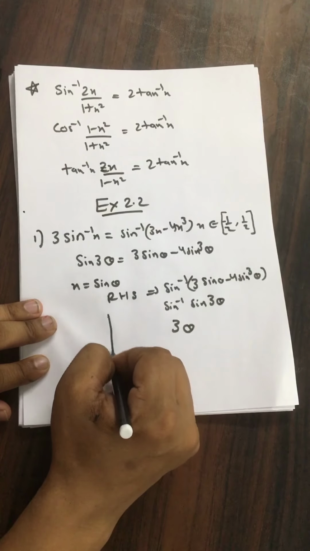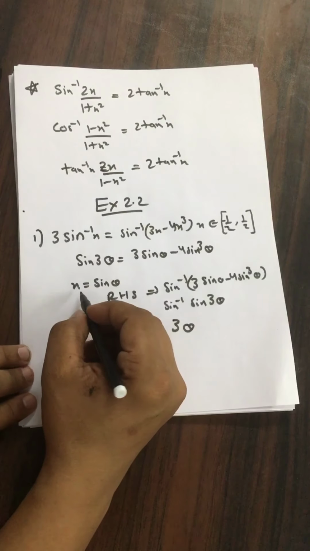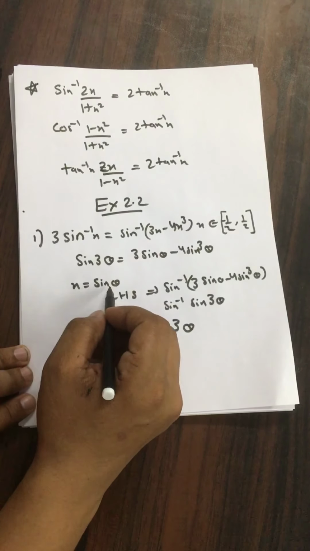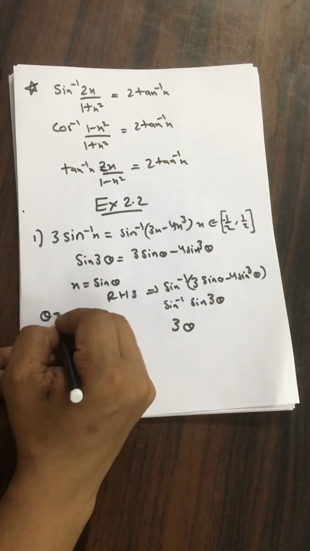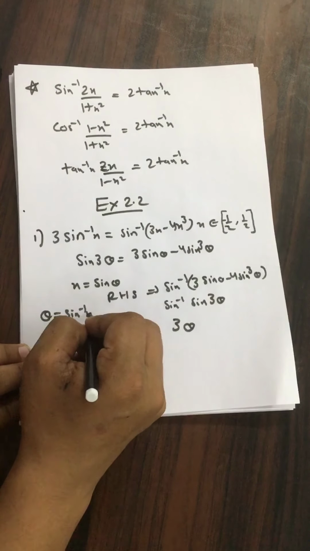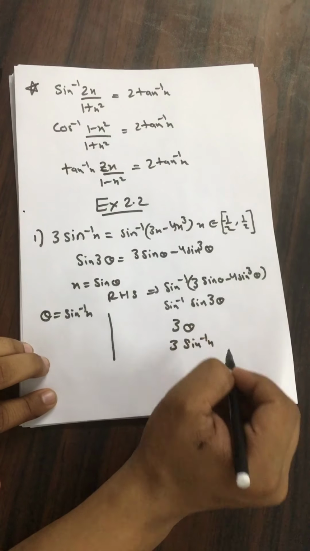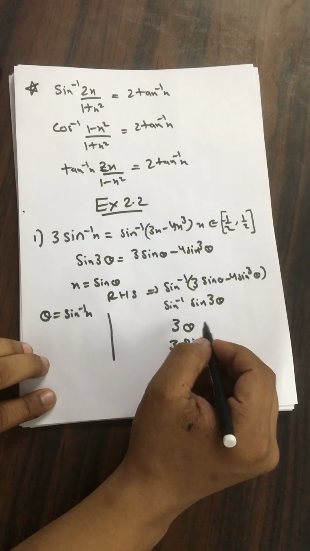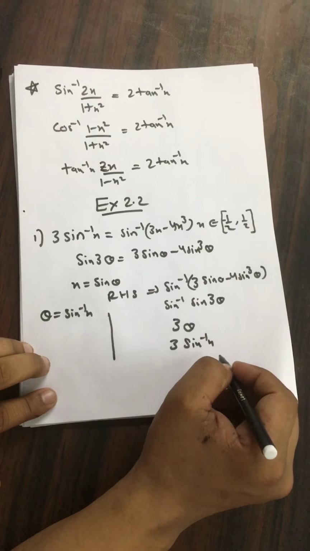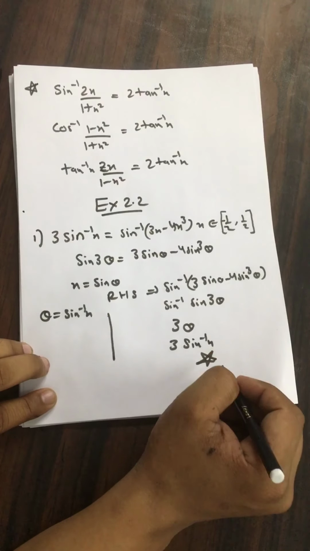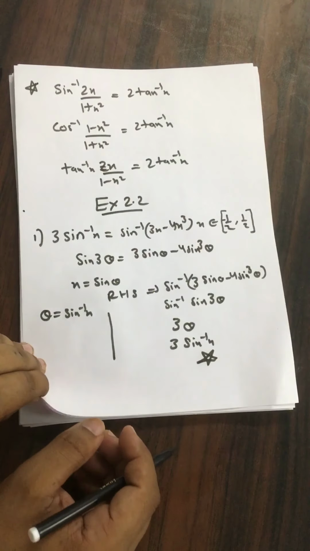In the previous video we discussed that if x equals sine theta, then theta equals sine inverse x. So over here we can write 3 sine inverse x. Got it? Just use application of formula, nothing else. Here's a star for you. Let's move on to the next question.